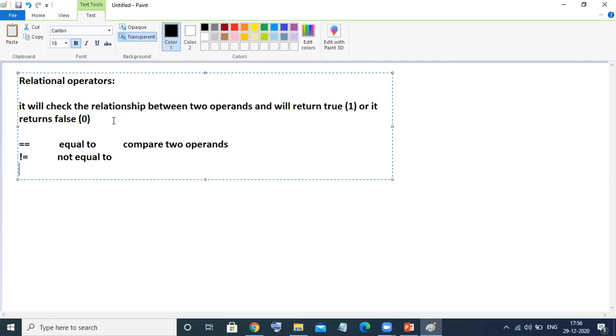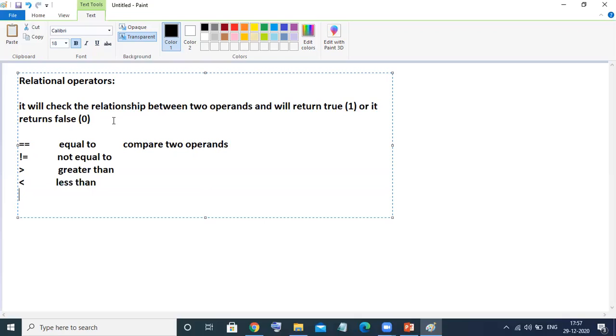The next is greater than. It will check whether the first value is greater than the second value. Then less than. Then greater than or equal to.